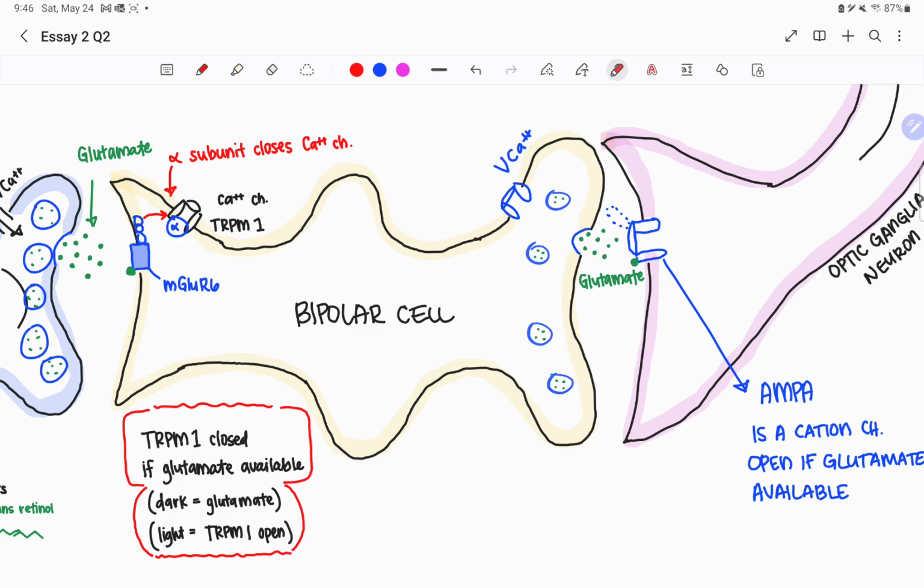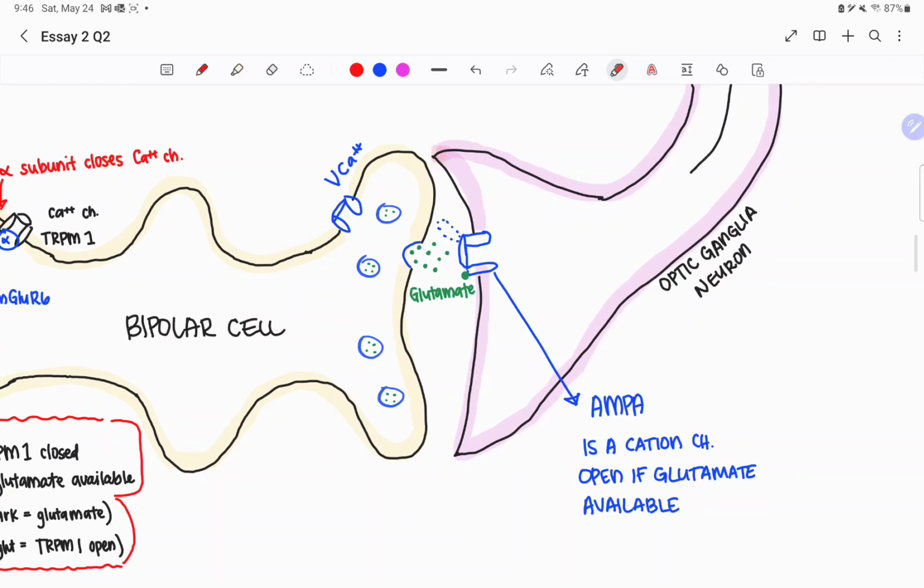Okay, but here on our ganglion neuron, we have a channel called AMPA, and glutamate opens AMPA. So when glutamate binds here, AMPA opens, sodium rushes into the cell, causing an action potential, and this travels to the brain.